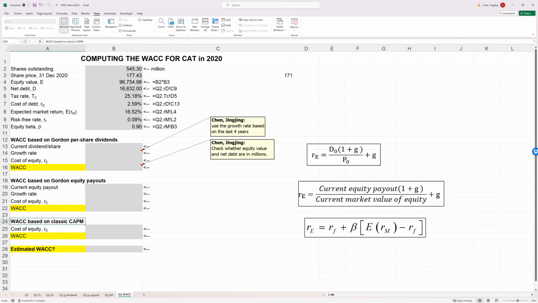The original spirit of the capital asset pricing model is to calculate the expected return for the investor towards the company. And since it is the expected return, we can also think of it as the required return by the investors.